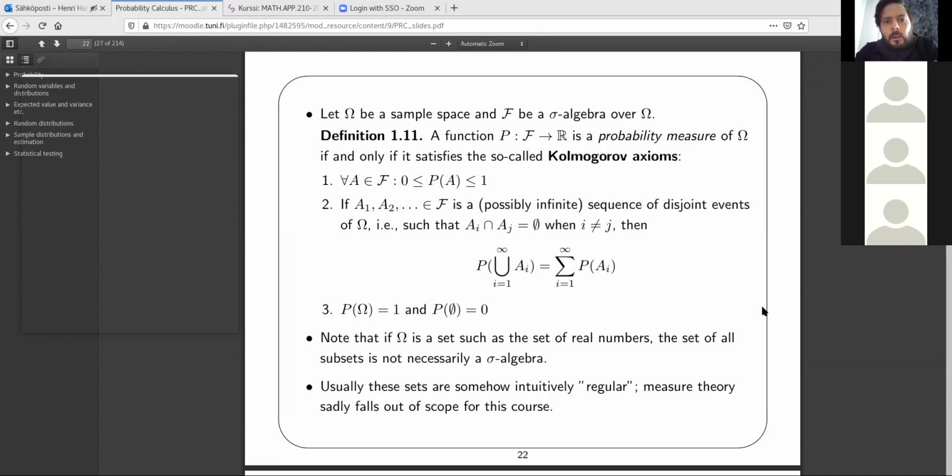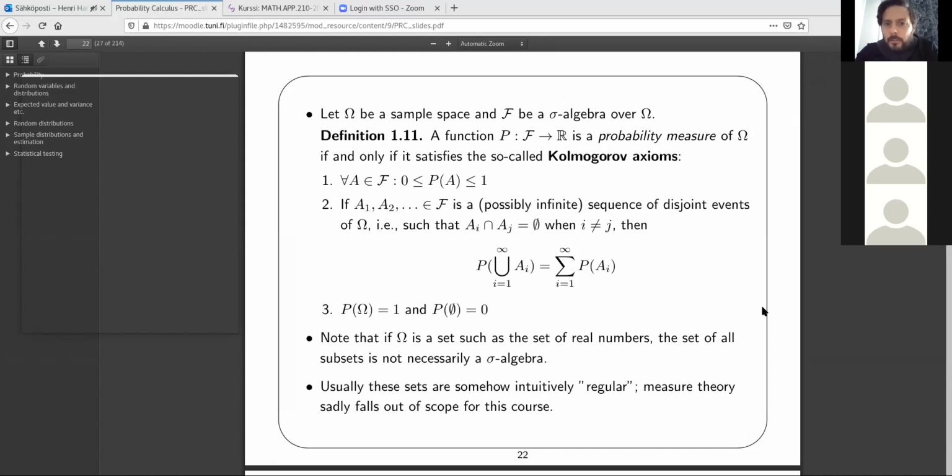So if we have a collection of events, possibly infinite, and this sequence of events is disjoint, meaning that they cannot happen together. Let's think of this as a finite example. If we have events, the die roll is 1, the die roll is 2, the die roll is 3, these are disjoint.